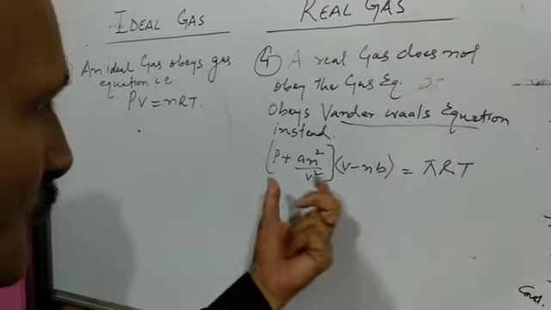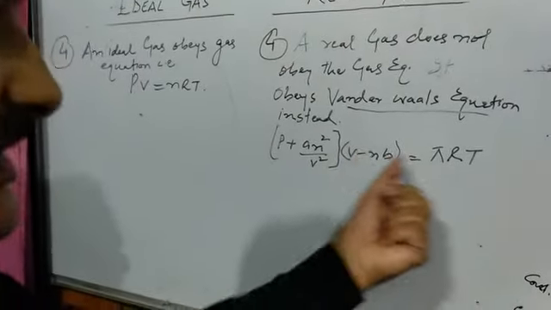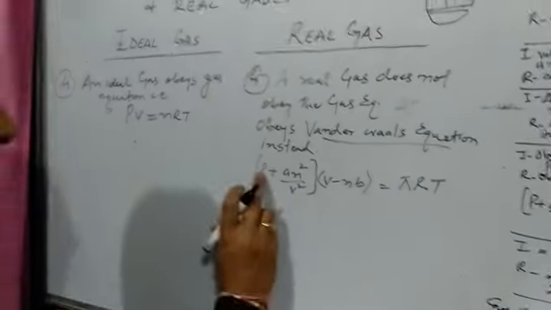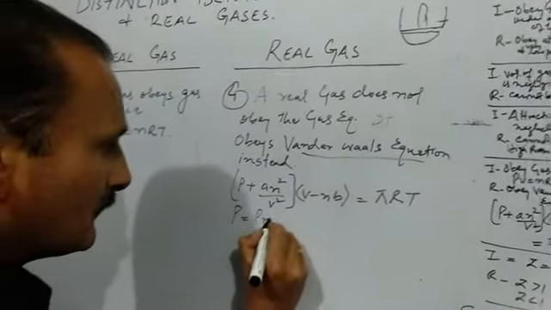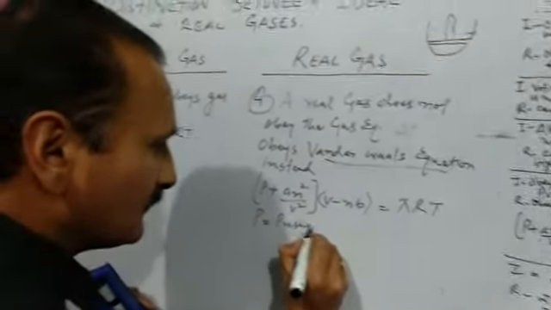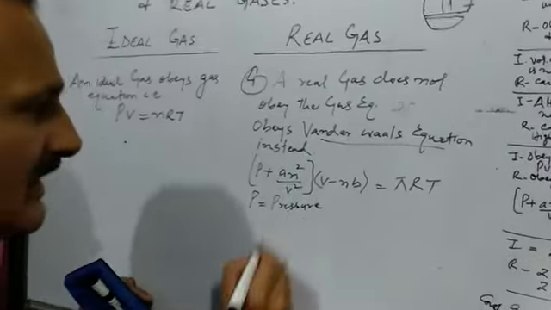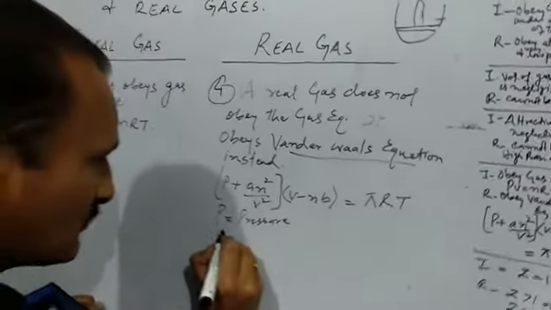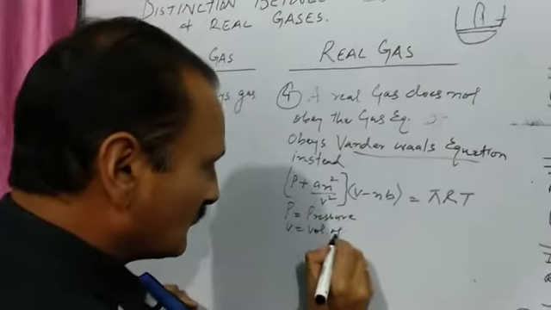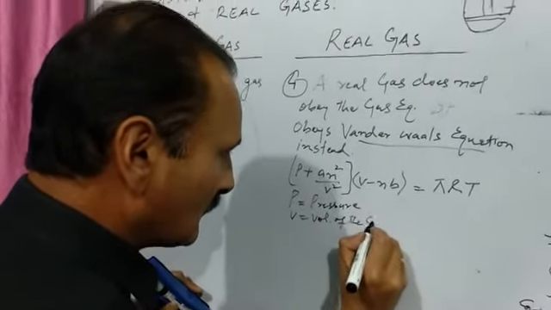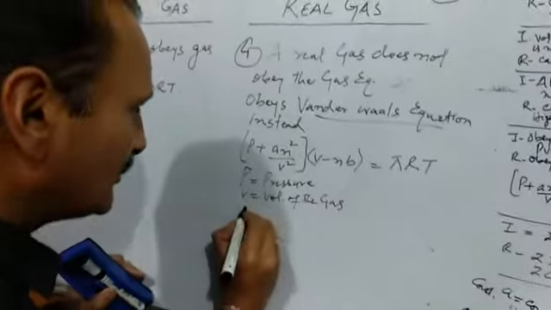Now let us come to these terms in the van der Waals equation. As far as P is concerned, here P is the pressure of the gas. Then we have V. V is the volume of the gas. We have T also.